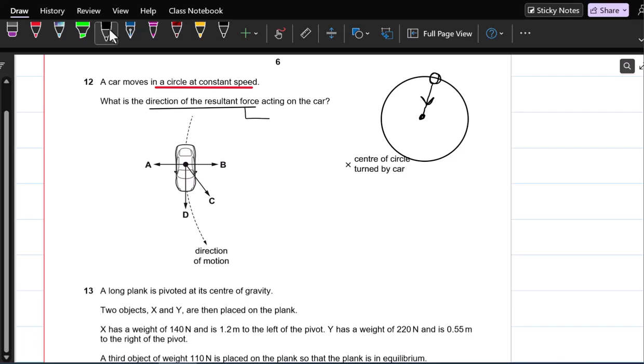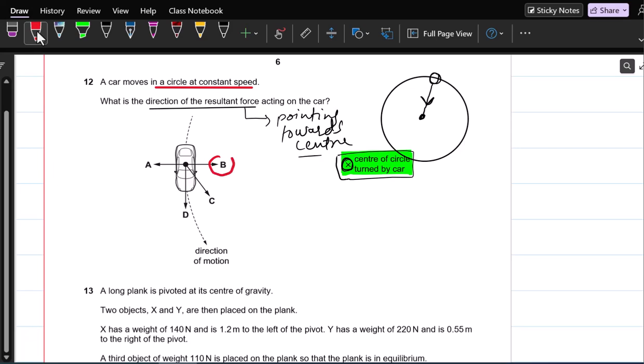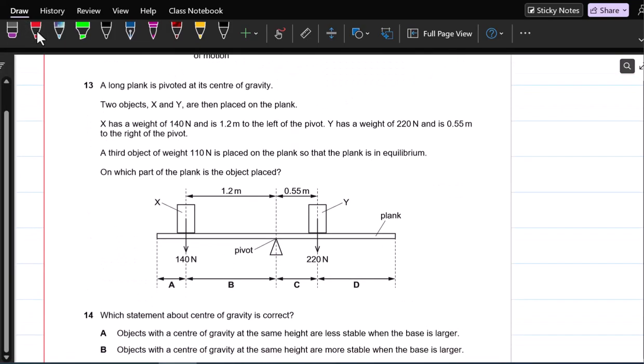So this resultant force will be pointing towards the center. The center of the circle turned by the car is this one. It is highlighted here. So according to this, option B is representing a force which is pointing inwards. Simple straight question.